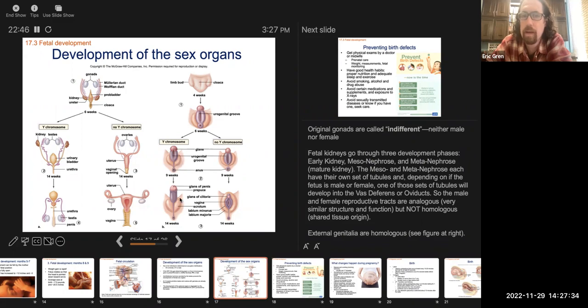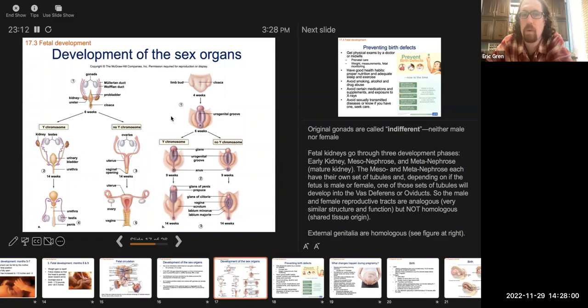Okay, so I would like you to know those homologous structures. Scrotum is homologous to the external set of lips around the vulva, the labia majora. The shaft of the penis is homologous to the internal lips around the vulva, the labia minora. And then the clitoris here is homologous to the glans penis, or the head of the penis.